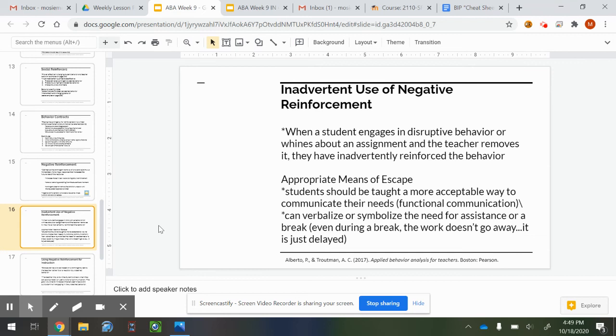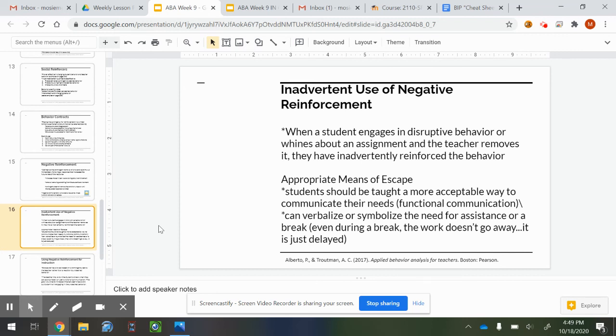So, what we need to teach students whose main goal and whose function is to escape is appropriate means of escaping. Students need to be taught a more acceptable way to communicate their needs, whether it's the need for a break or the need for assistance, and we call that functional communication.